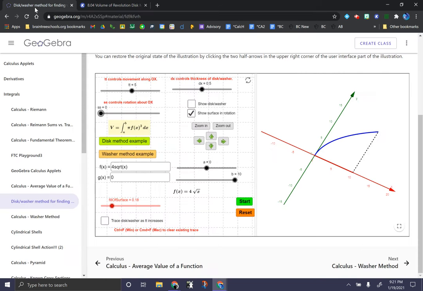Here is a visual of the solid of revolution actually being formed. So we have our area, which is given by 4 times the square root of x going down to the x-axis. That's our region R. When we revolve this around the x-axis, that region is going to pivot up out of the first quadrant and swing around.